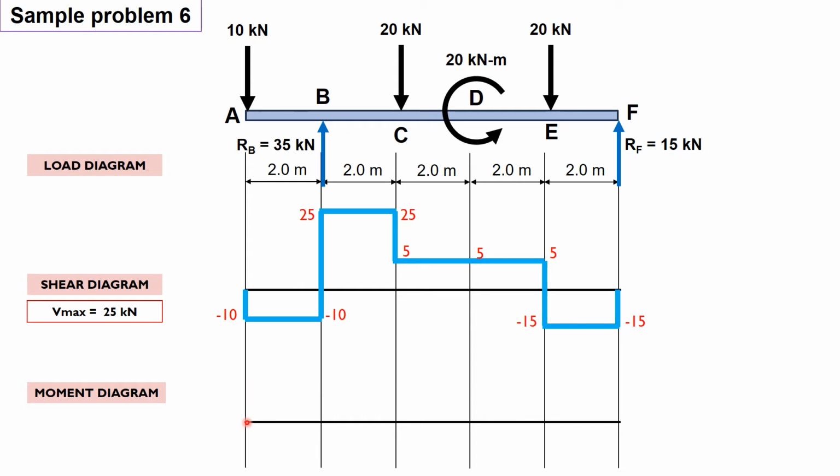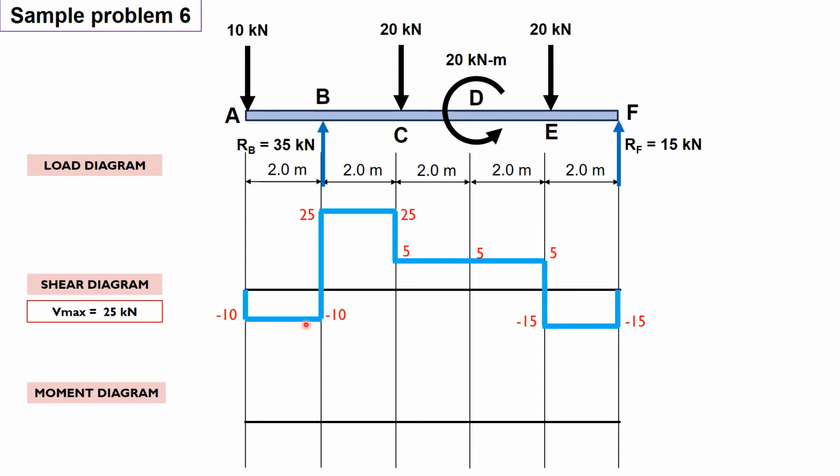So if you need to get the moment at B, starting from A with 0 moment, so you either add or subtract that area para makuha mo yung moment sa point na to. So ibig sabihin, 0 ang moment mo dito, at dahil meron kang negative area or negative shear, which is negative 10 kilonewtons.